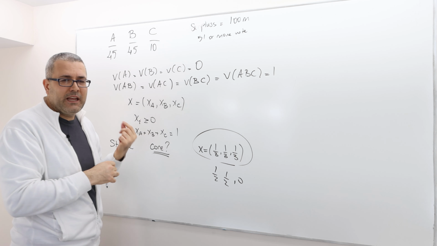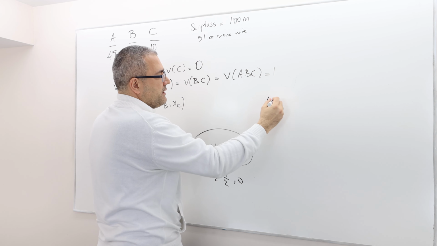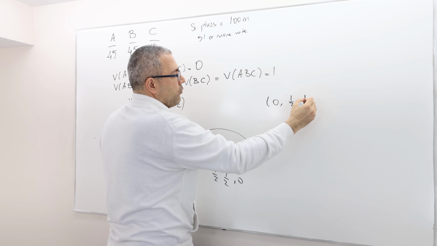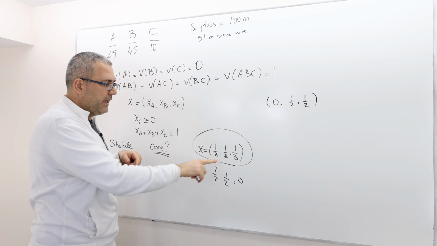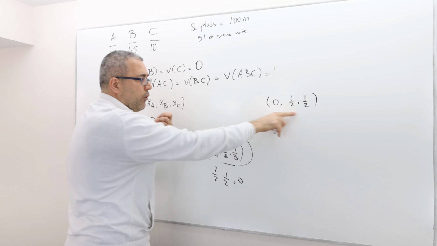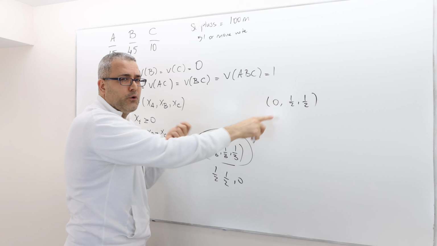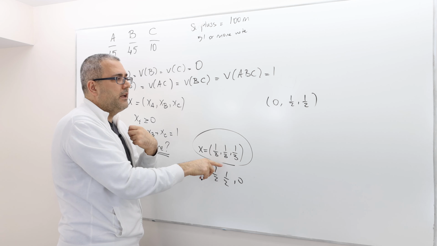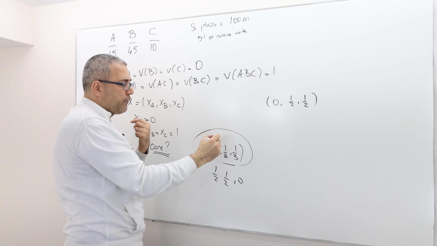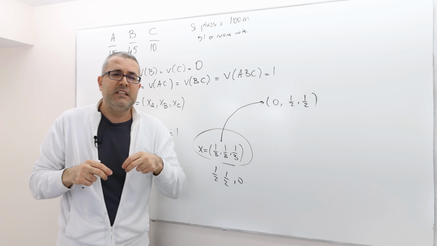Obviously, political party A can propose something like 0, 1/2, 1/2. Instead of this, if political party A leaves and offers this, obviously political parties B and C will prefer this one over this one. But nevertheless, going from this to this is not a profitable deviation. So these are deviations.